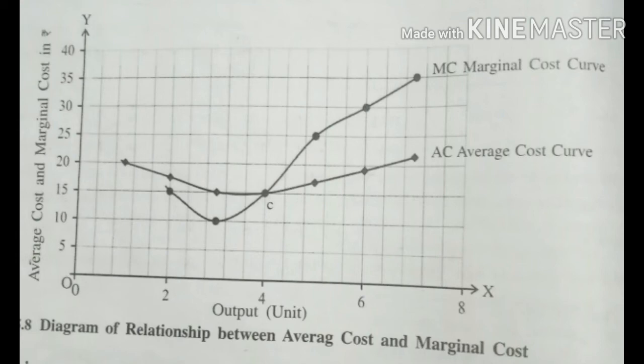When marginal cost curve intersects the average cost curve, both the costs start increasing. After this point, increase in marginal cost is more rapid than the increase in average cost. Hence, marginal cost curve goes above average cost curve, that is MC greater than AC, marginal cost greater than average cost.